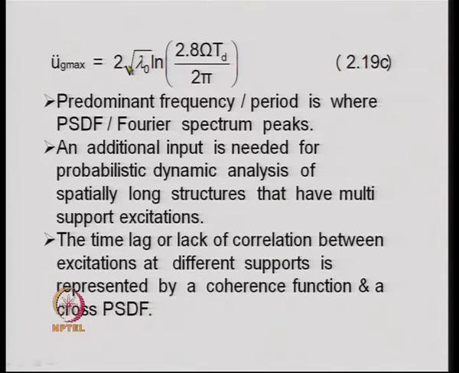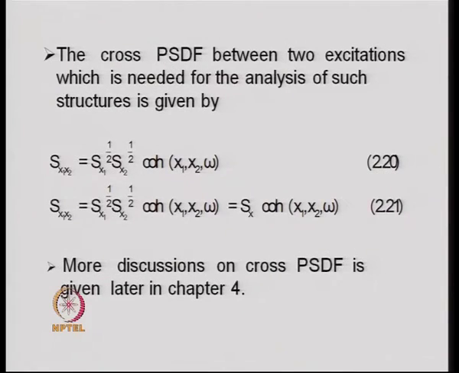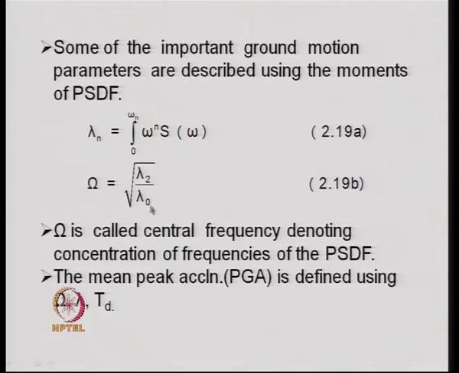Lambda 0 is the mean square value of the ground motion, or in other words, the area under the power spectral density function curve. The capital omega is equal to the square root of the second moment of the power spectral density function divided by the zeroth moment, or the mean square value of the ground motion.